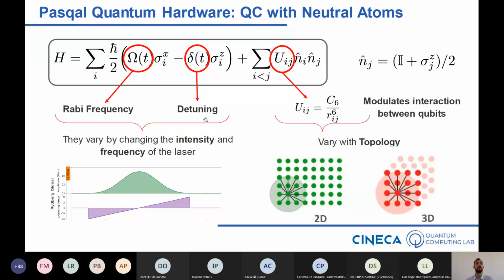So I want to show you this thing. The Rabi frequency modulates this term that is a sigma x, something like an X gate.